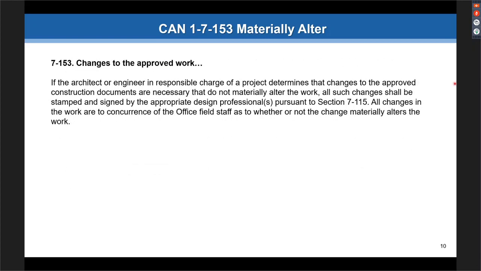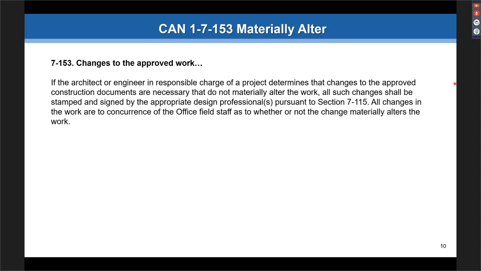And the last part of this piece is changes to the approved work. All of the stuff I've been reading so far is straight from the code. If the architect or engineer in responsible charge of a project determines that changes to the approved documents are necessary, but they do not materially alter the work, all such changes shall be stamped and signed by the approved design professionals pursuant to section 7-115 of the administrative code.